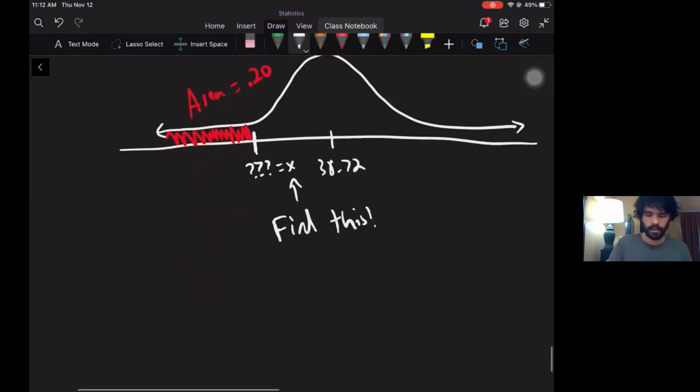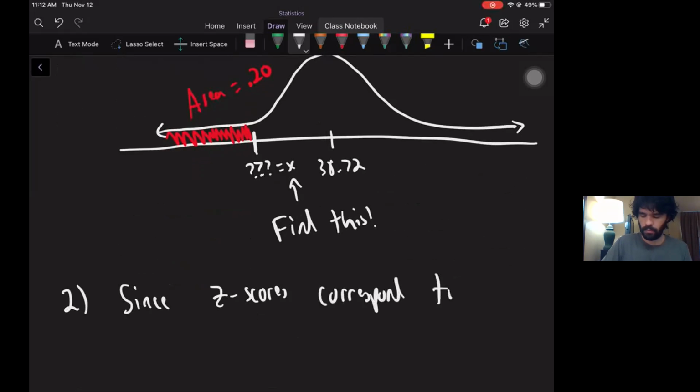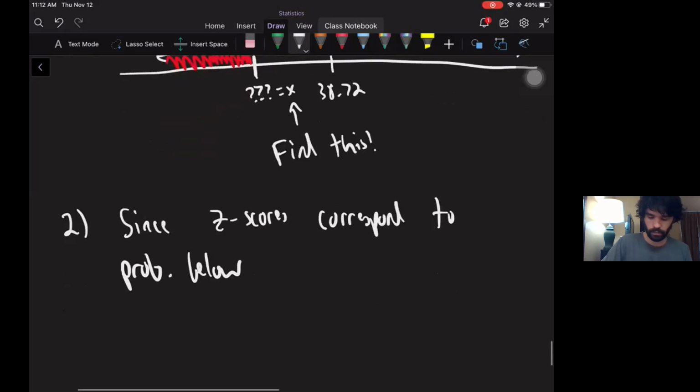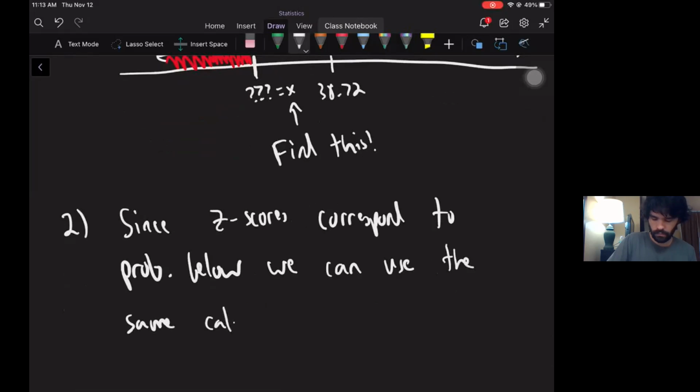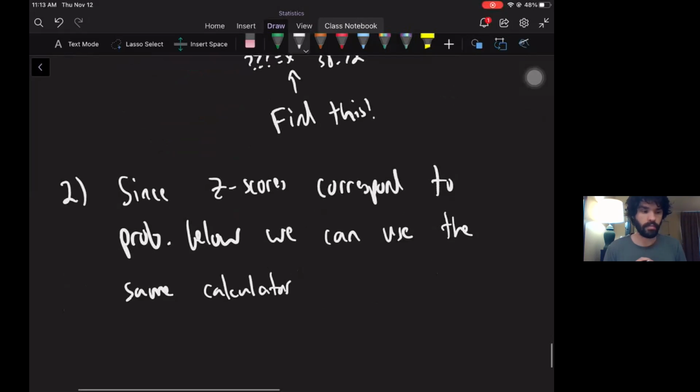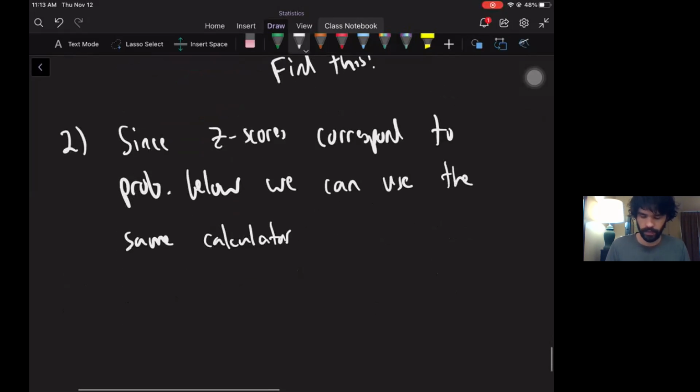So now we're just going to use z-scores to do this. So since z-scores correspond to probabilities below it, we can use that same calculator that I have linked on Moodle. But instead of typing in the z-score, because we don't know that, we're typing in the cumulative probability, the probability to the left.